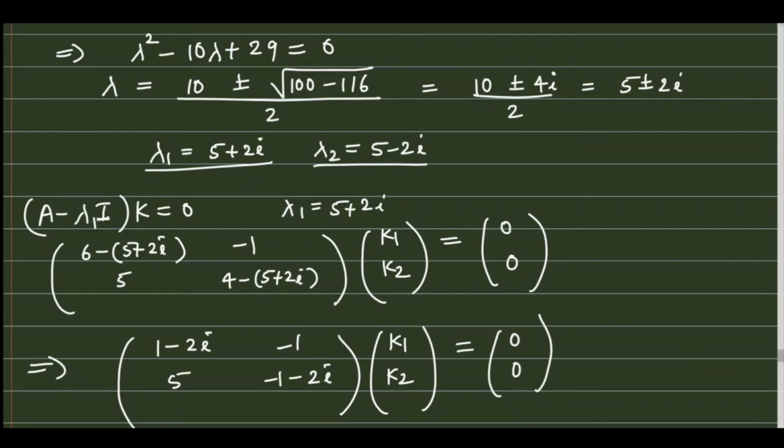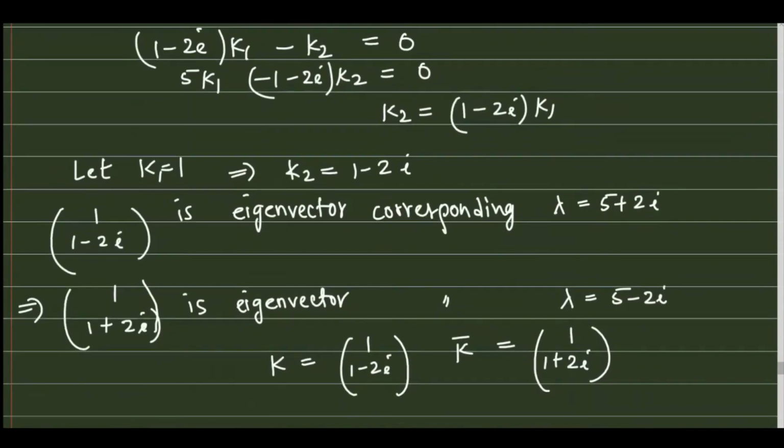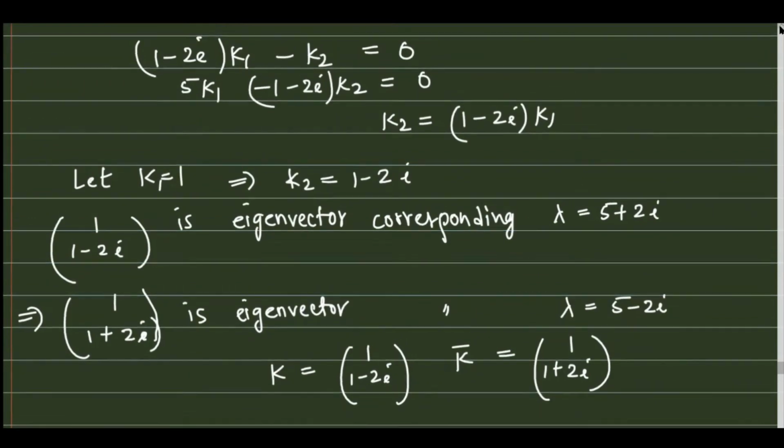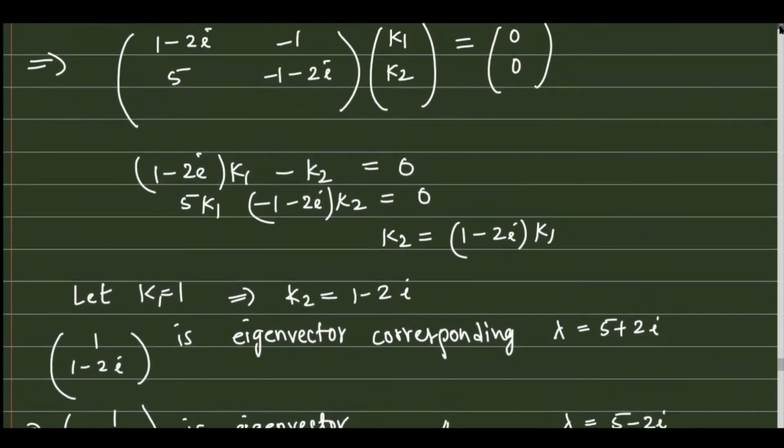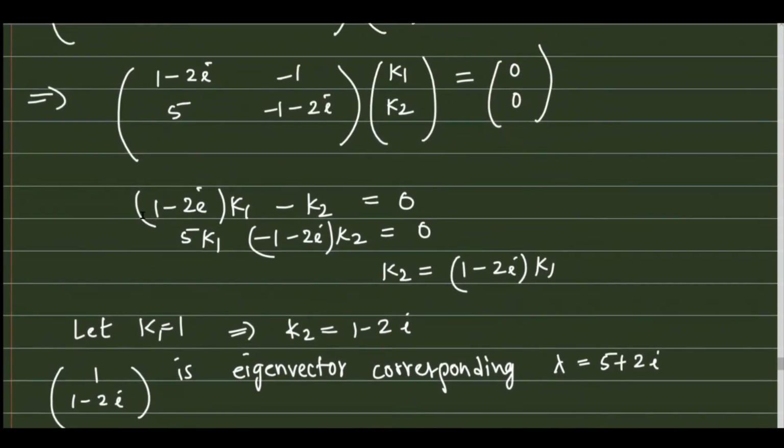Now our aim is to find k1 and k2. If we write this as equations, we will get (1 minus 2i) k1 minus k2 equal to 0, and the second one is 5 k1 minus (1 plus 2i) k2 equal to 0.